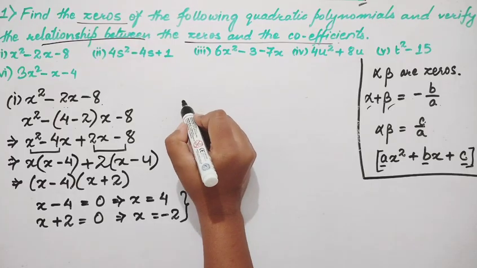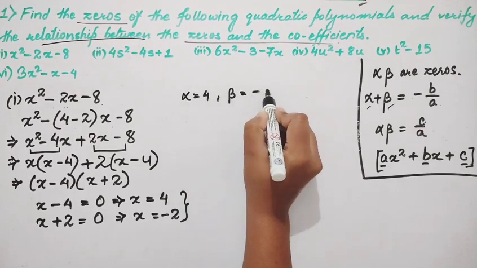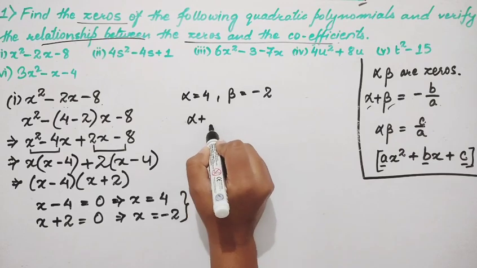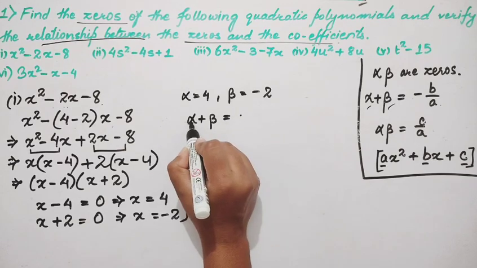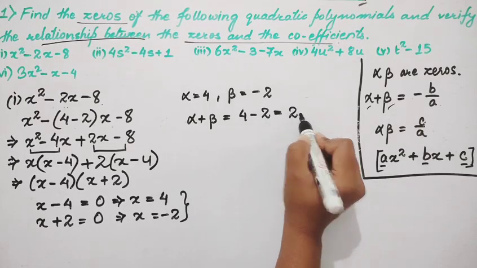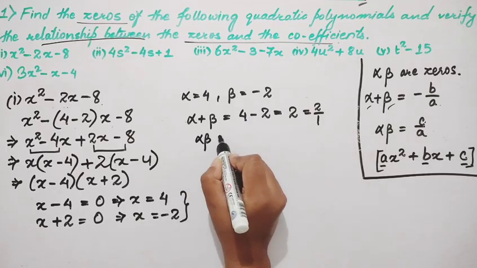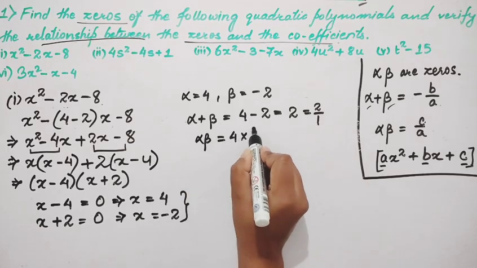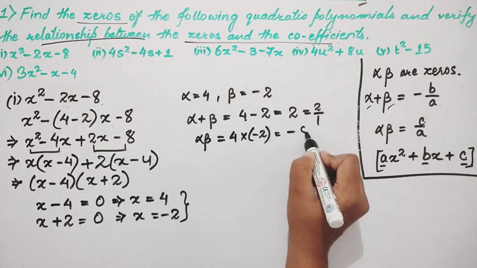Here we have alpha equals to 4, beta equals to minus 2. Alpha plus beta equals 4 minus 2, that is 2, which is 2 by 1. And alpha beta equals 4 into minus 2, which is minus 8.